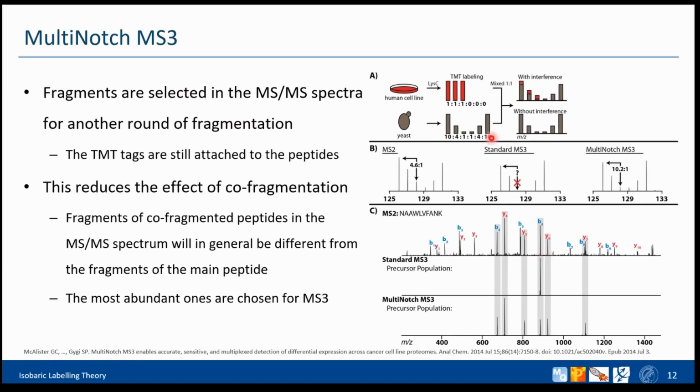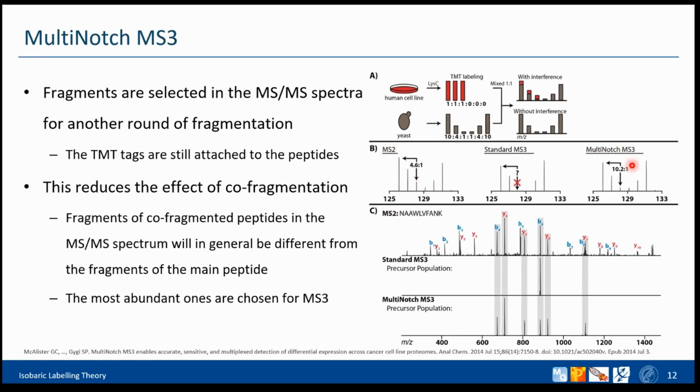In this case, there was also this mixing experiment, and you can see the mixing ratio was 10:4:1. In the case of MS2, because of the compression, it was 4.6:1, but with MultiNotch MS3, it was actually correct with 10:1. So this is an early approach using MS3.